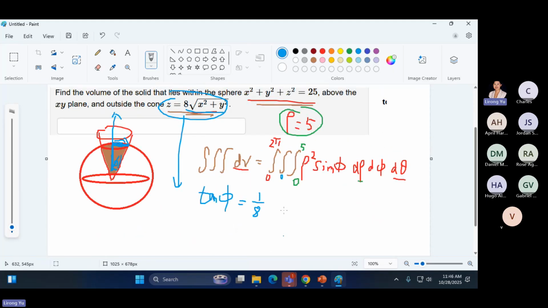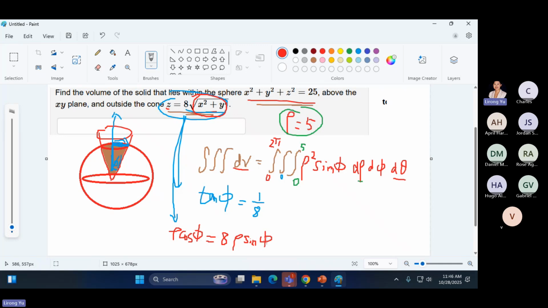I wonder if that makes it easy to remember, or you can think of the reasoning like this: z equals rho times cosine phi in the spherical equation. And then this one is 8 times rho sine phi. This is rho sine phi, that was the radius r equal to rho sine phi.